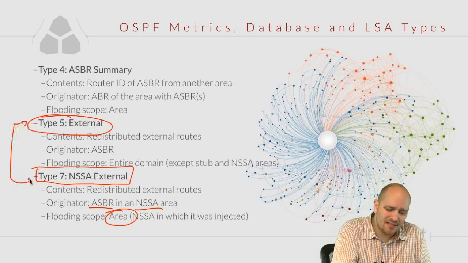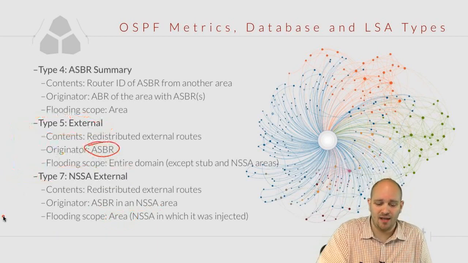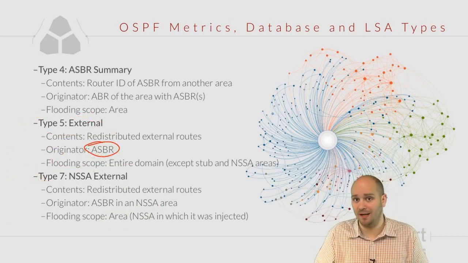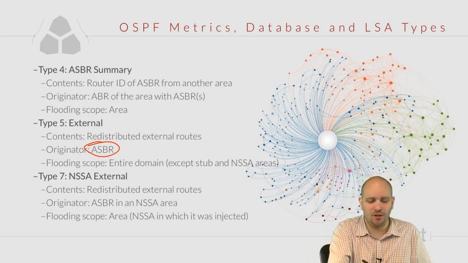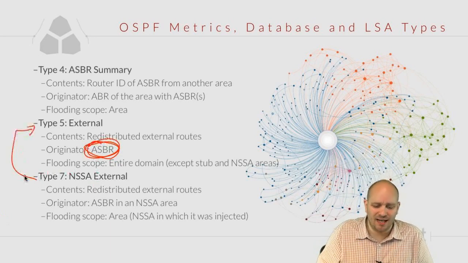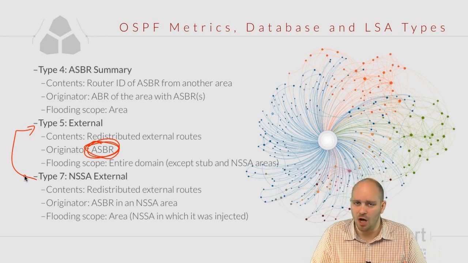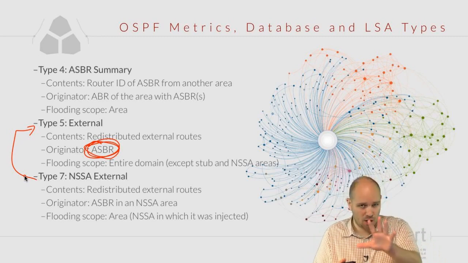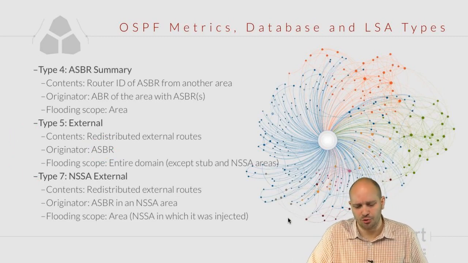Does this make this information here incorrect, that type 5 is generated by ASBR, because I just told you that it can be generated by the ABR as well? Not so fast, because that router that actually translates type 7 to type 5 is technically speaking going to become an ASBR, but logically speaking we might be perceiving it as an ABR. This will become a little bit clearer in a short while.